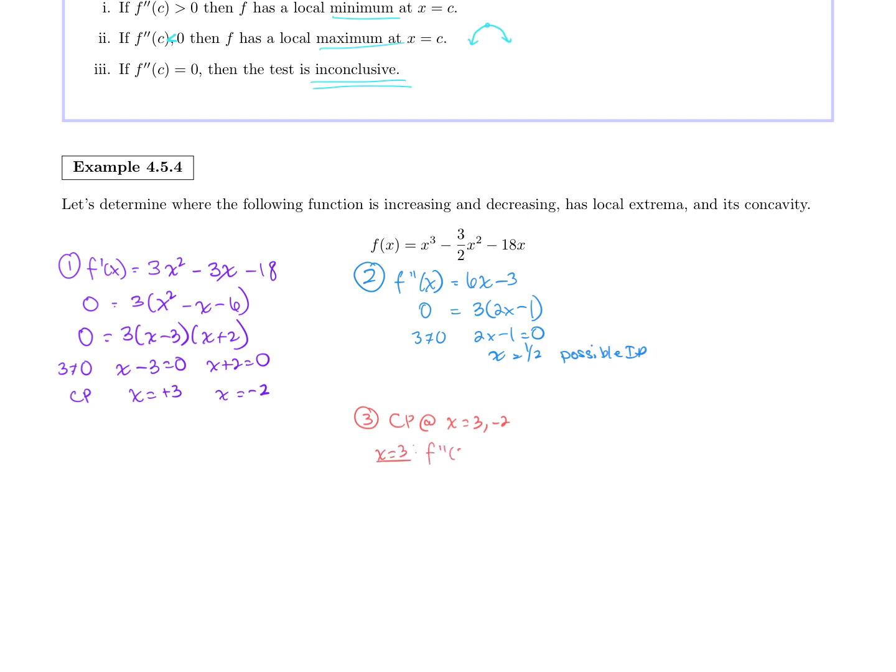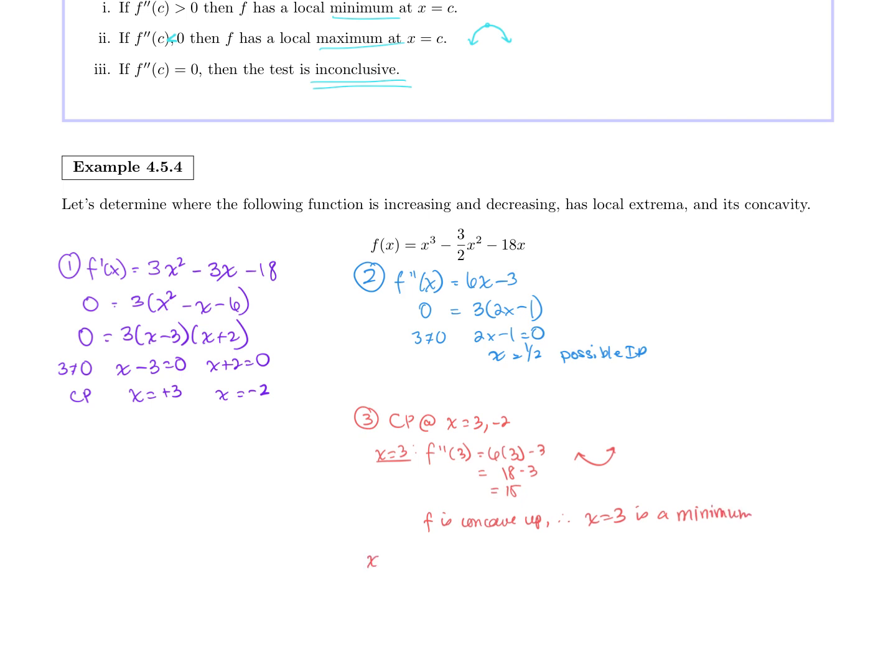f double prime of 3 is then 6 times 3 minus 3, or 18 minus 3, which is 15. So we are concave up there, so f is concave up. Therefore, x equals 3 is a minimum.